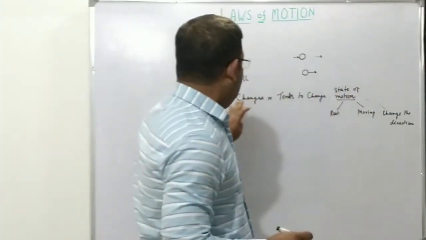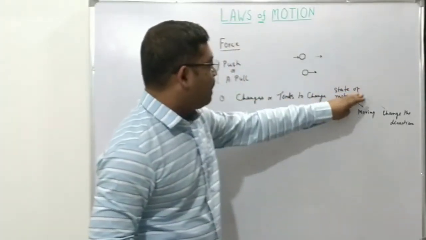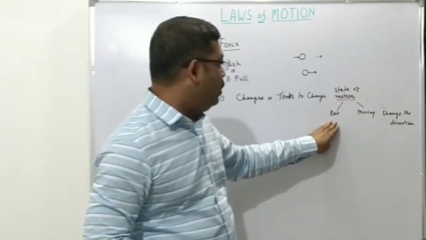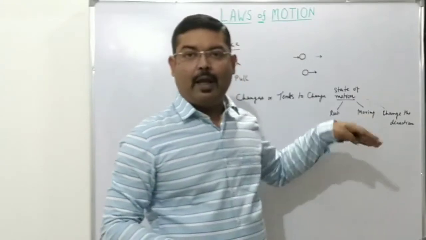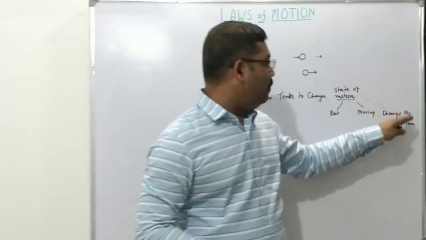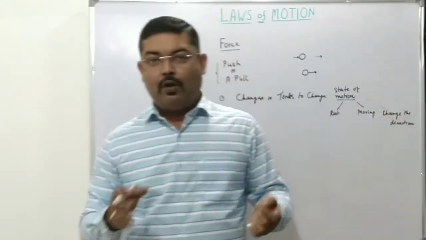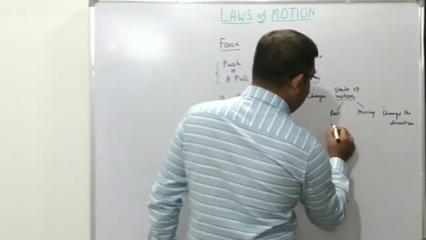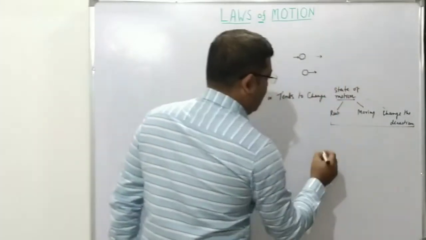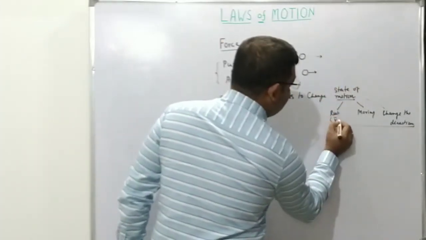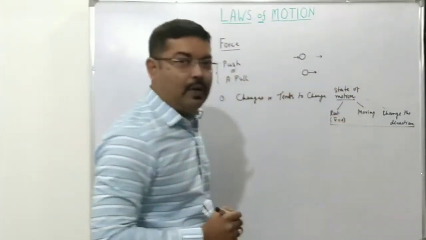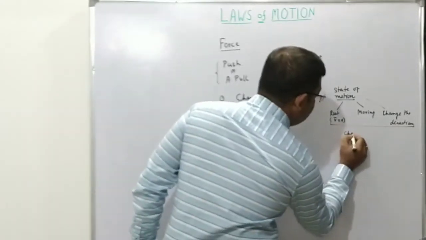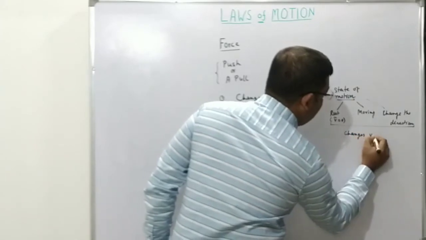So, force can set a body at rest into motion. A moving body can be accelerated or retarded, and it can also change the direction of motion. So, basically, what is rest? Rest means velocity equals 0, right? So what force basically does is that it changes velocity.